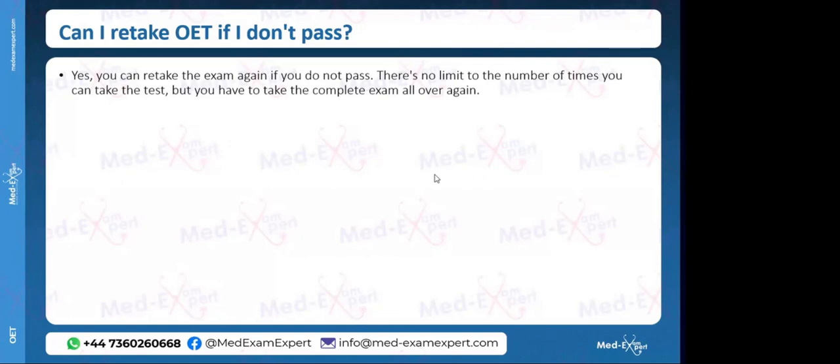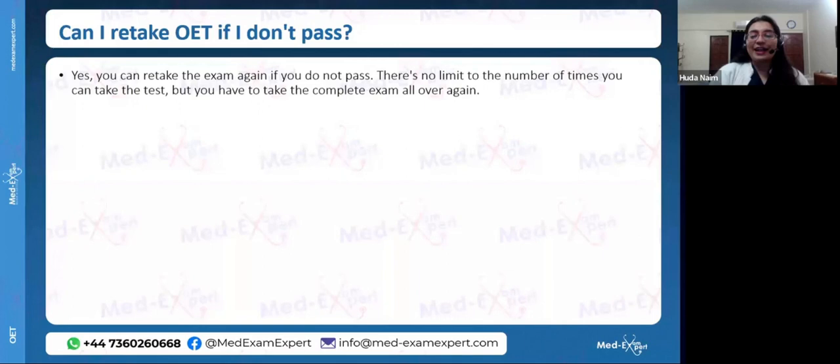Oh, okay. So after taking the exam, if the person is a nurse or a doctor, do you have any provision for them? Do you provide job opportunities for the person if the person wants to travel to UK or US? Okay, for the job opportunities, I don't think this is the right forum, and our course coordinators will contact you, and they will guide you further regarding any job opportunities or any source of career guidance that we provide.